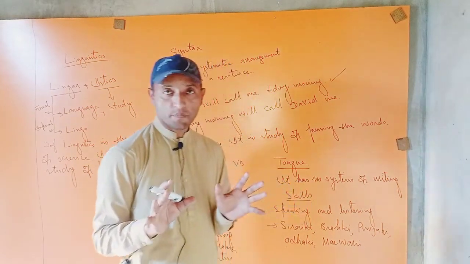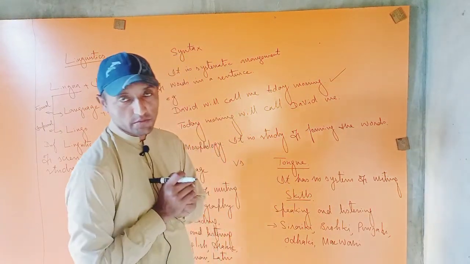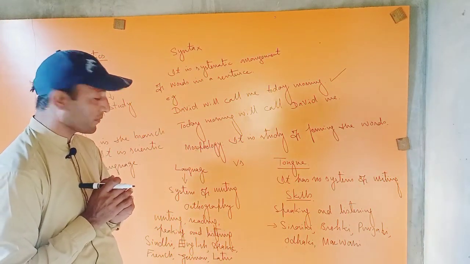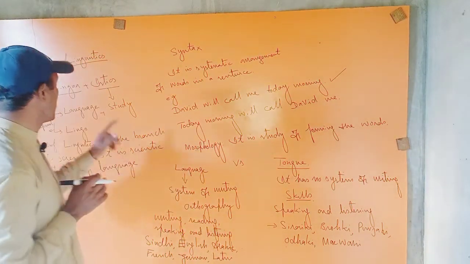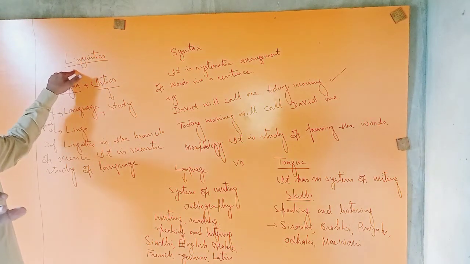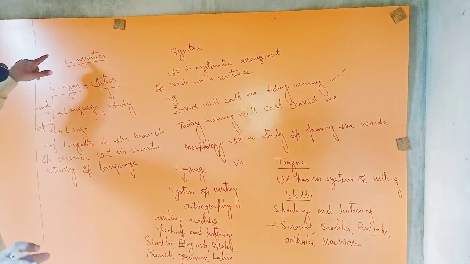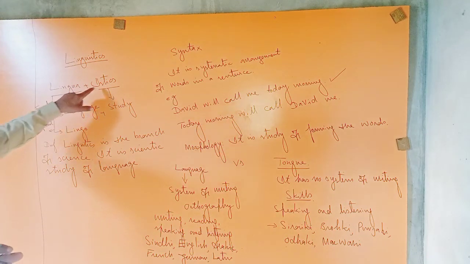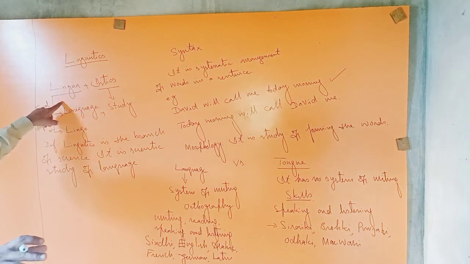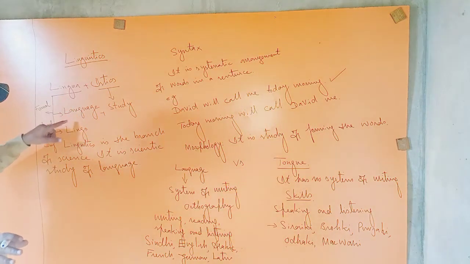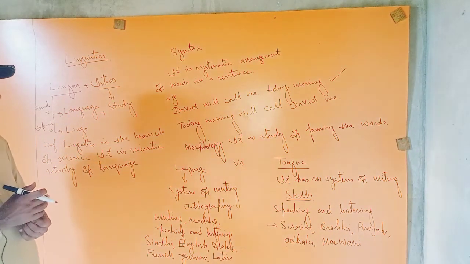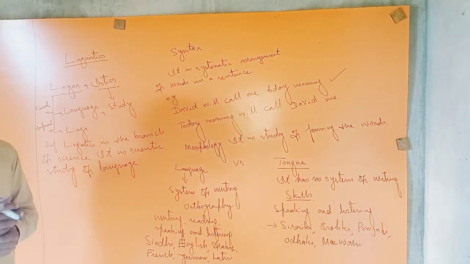So today we learned two different topics concerned with our previous lectures. We learned about linguistics, which has two words, lingua and stics, and means the scientific study of language.